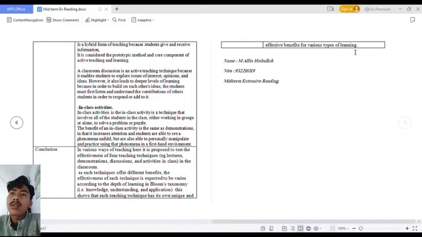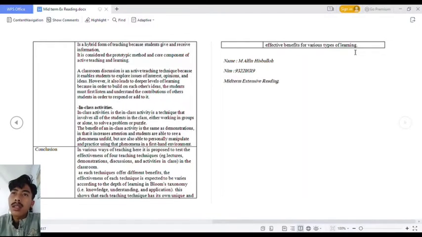A classroom discussion is an active teaching technique because it enables students to explore issues of interest, options, and ideas. However, it also leads to a deeper level of learning because, in order to build on each other's ideas, the students must first listen and understand the contributions of other students in order to respond and add to them.